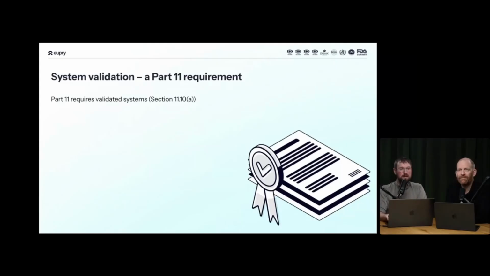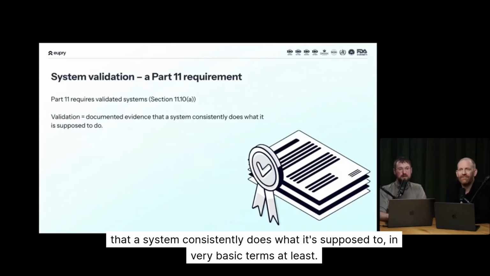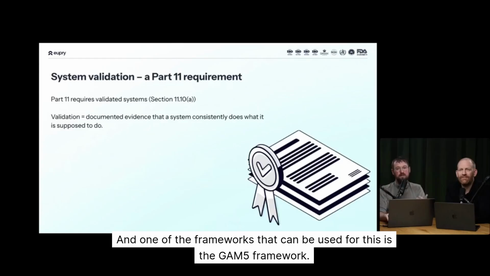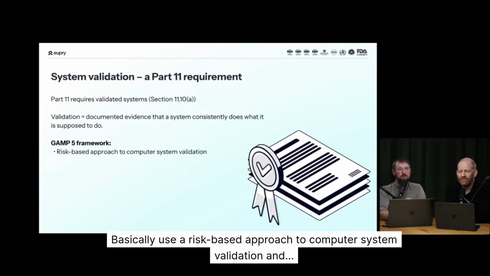Part 11 does require systems to be validated, and validation basically means having documented evidence that a system consistently does what it's supposed to, in very basic terms at least. One of the frameworks that can be used for this is the GAMP 5 framework. That's what we use at Eupry to validate our own systems, basically using a risk-based approach to computer system validation.